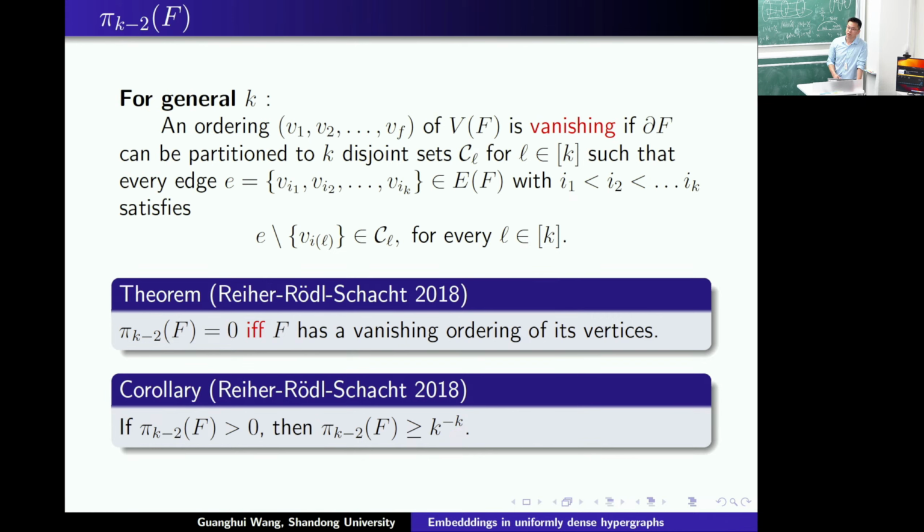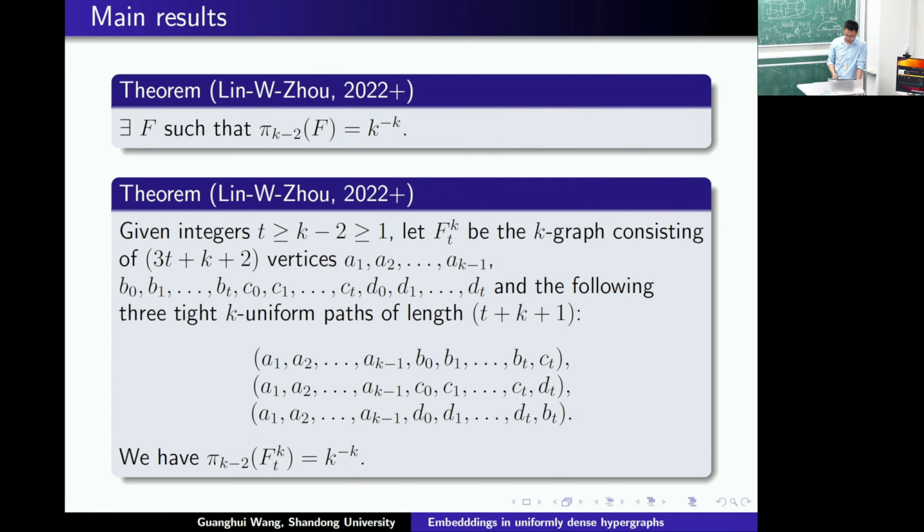It's a result of integral. In fact, we find some kind of graphs with this uniform Turán density when G is K minus 2. So when K is 3, it is the previous one.